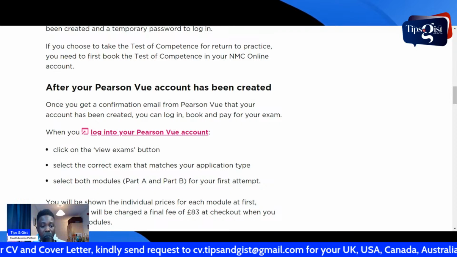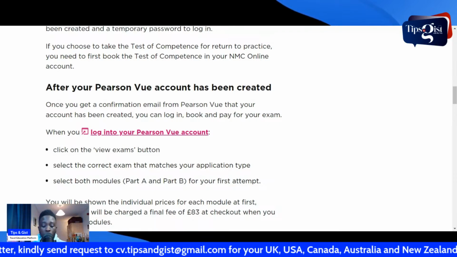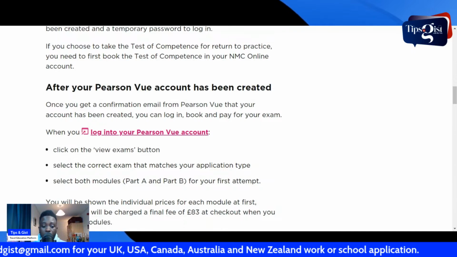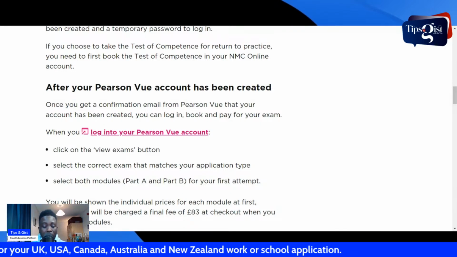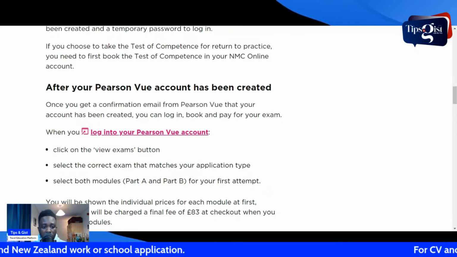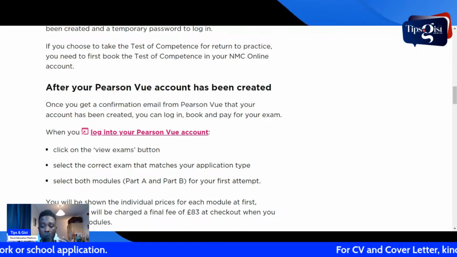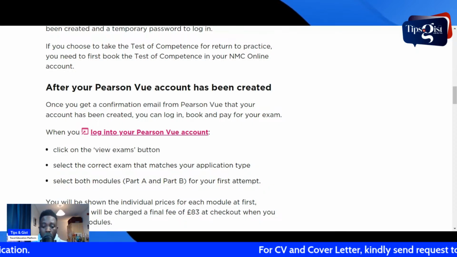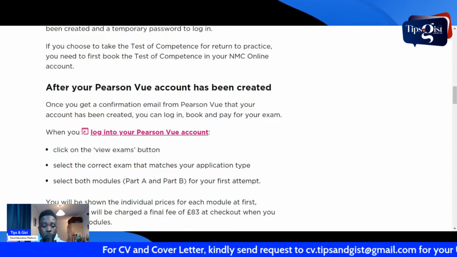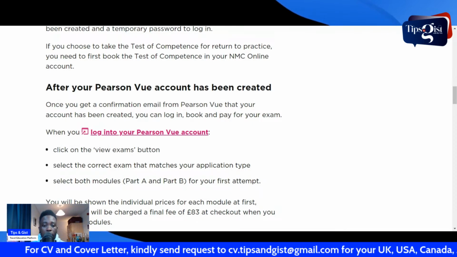That is, they will create a Pearson VUE account for you. They'll give you your logins, your username, your password. You are supposed to log in and probably change your password to something that you can easily remember. Then you can now book for your CBT. So without the UK NMC giving you a go-ahead, you cannot book for CBT or the OSCE.